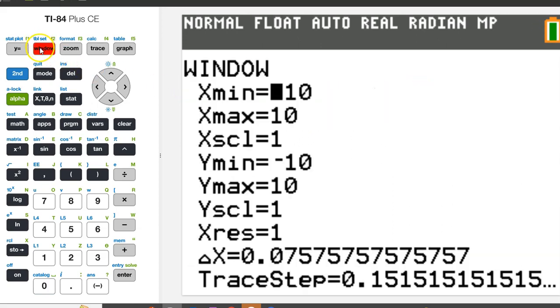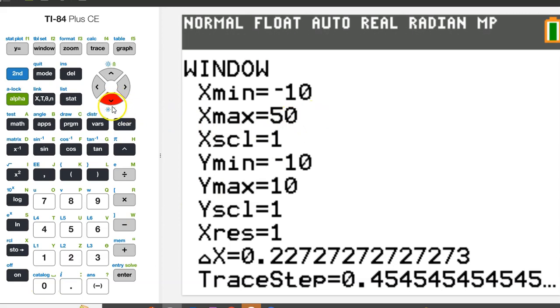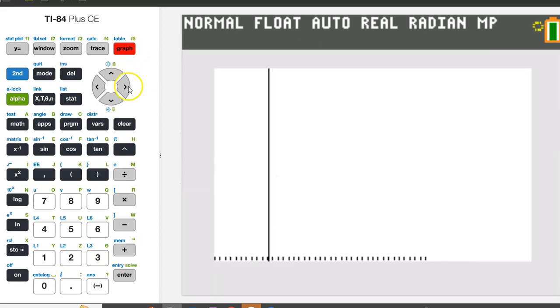So hit the window button, and let's let x max be 50 years. We can adjust that as needed, but the y max needs to be really over 1 million. So I'm actually going to put 1,500,000. And then hit graph. Let's see what we've got.